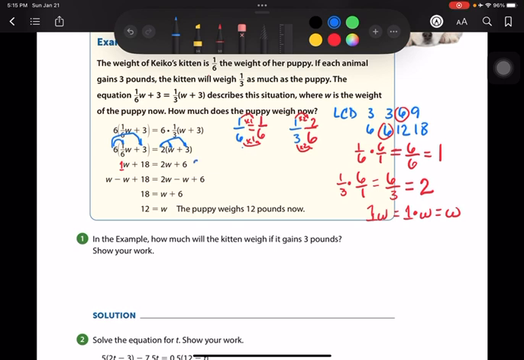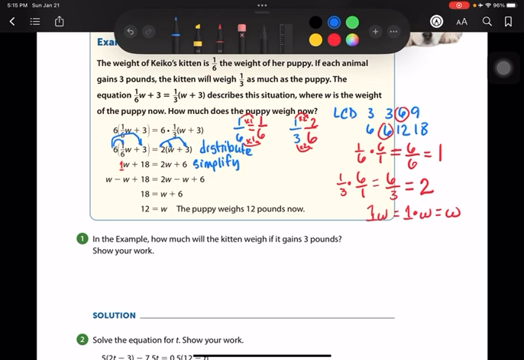So in this line, all they did was simplify. Here they did distribute the number on the outside of the parentheses, and on the next line, they combined like terms.